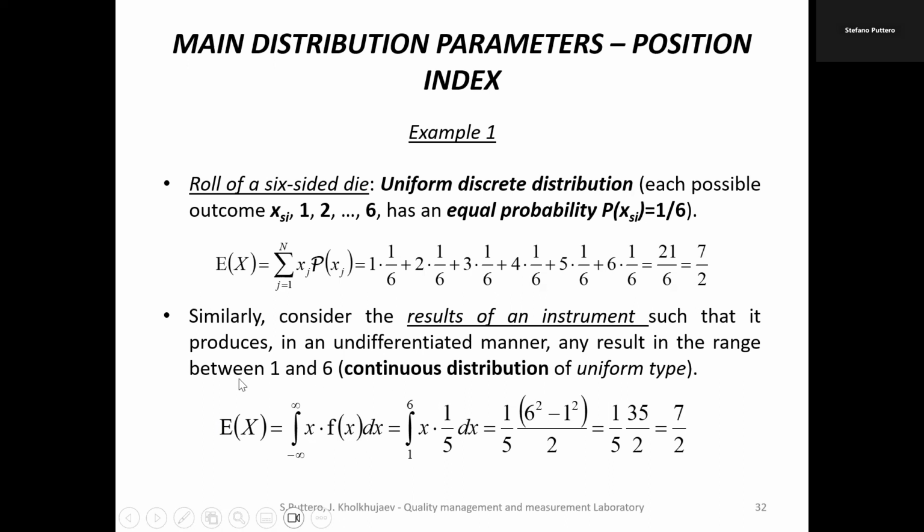Since we are measuring in a range between 1 and 6, it is the integral between 1 and 6 of x, and the probability density function, since we are dealing with a uniform, is 1 over 5. If we know the basics of integral calculation, we can find that the result is this one. And again, we find out that the expected value is 7 over 2.